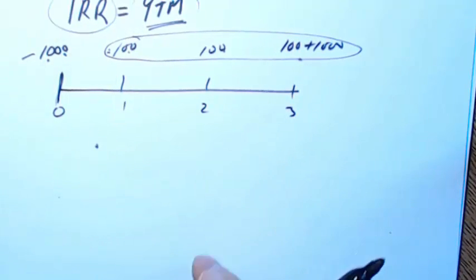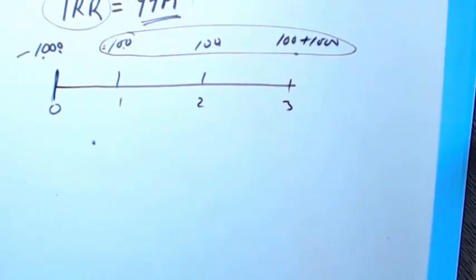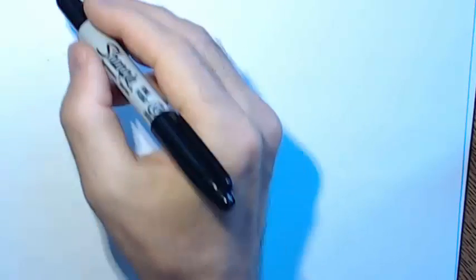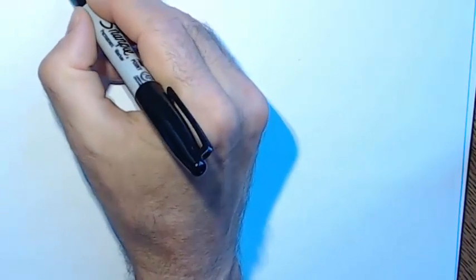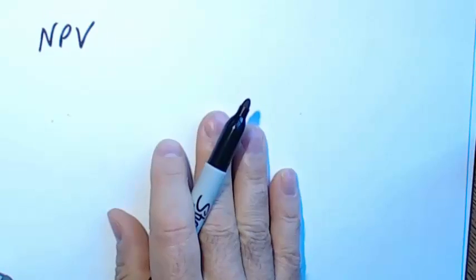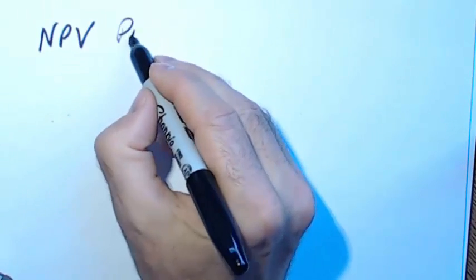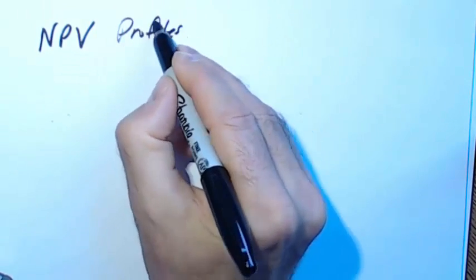Now, what I want to do is move forward, and I want to look at a concept called net present value profiles. NPV profiles. So whenever you hear the word profiles, at least in this course, you're going to be looking at a graph in a minute.